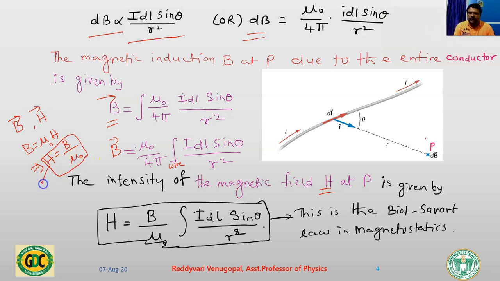But when you take any other medium, if mu is the permeability of that particular medium, then H will be B by mu. So we just have to remember this one. So the intensity of the magnetic field at P is given by H bar is equal to B bar divided by mu naught, integral Idl sin theta divided by r square. So this is the Biot Savart's law in magnetostatics. Okay.